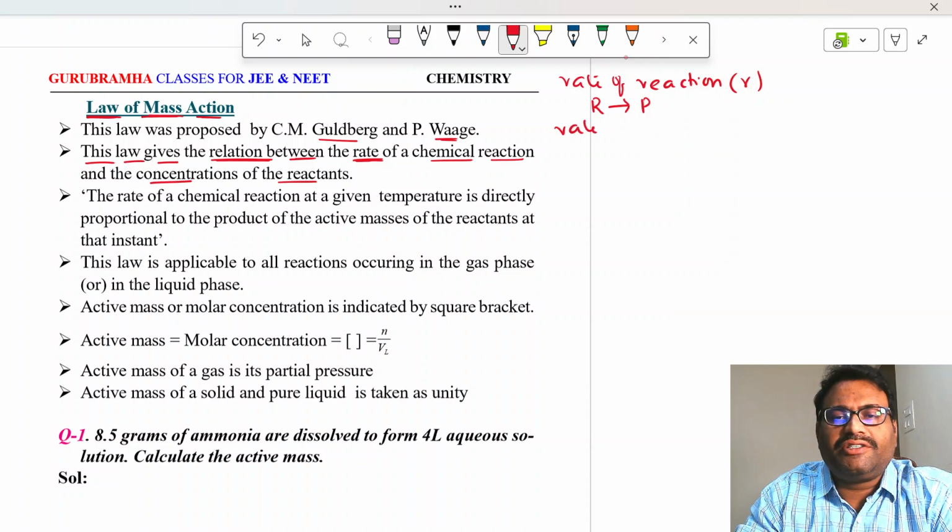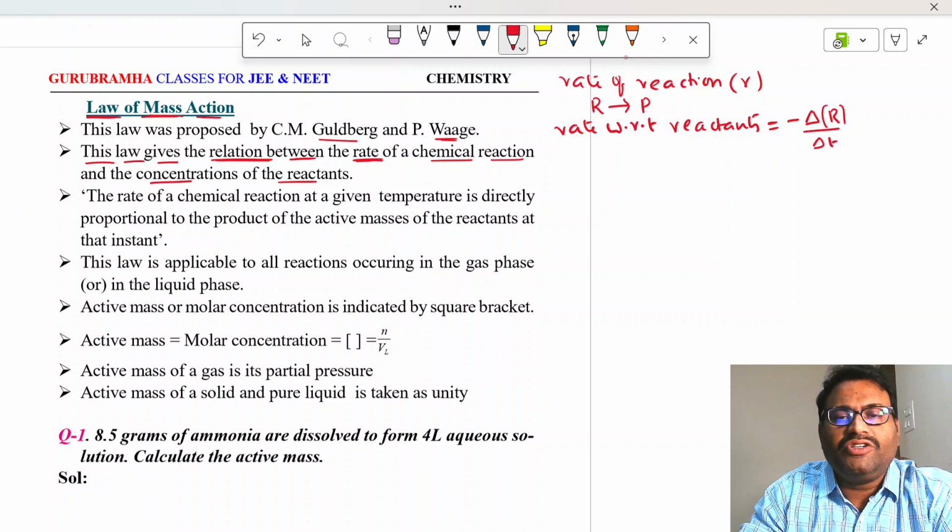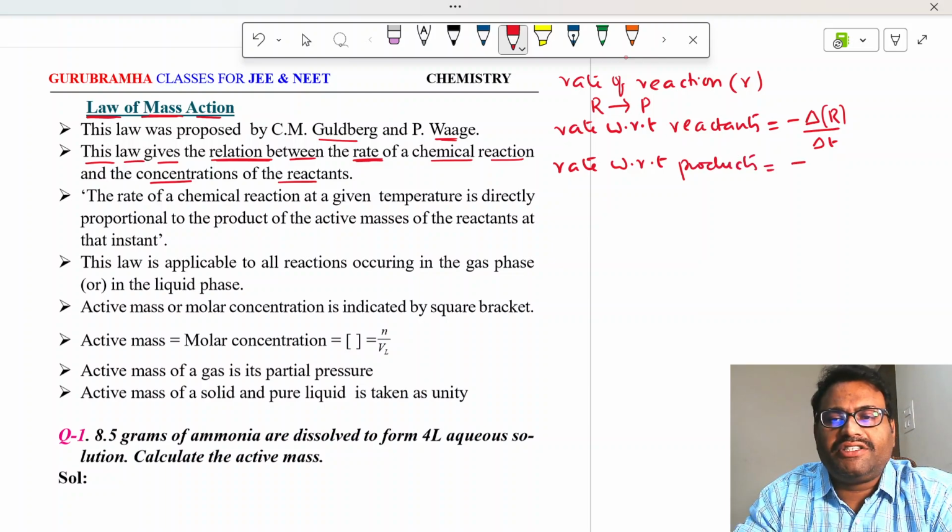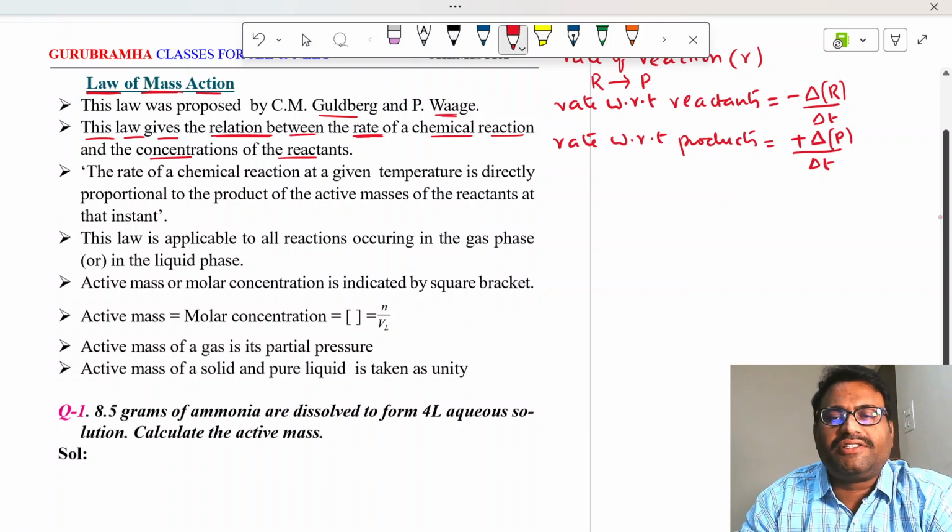So rate with respect to reactants is given by change in the concentration of reactant by change in time, or rate with respect to products is given by change in the concentration of product by change in time. So this we have already discussed.